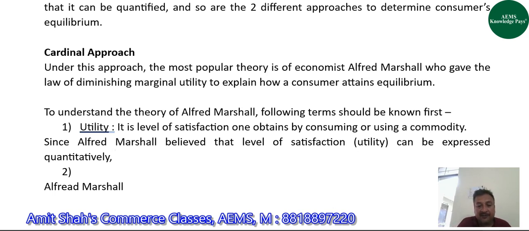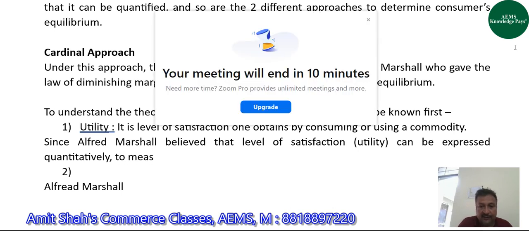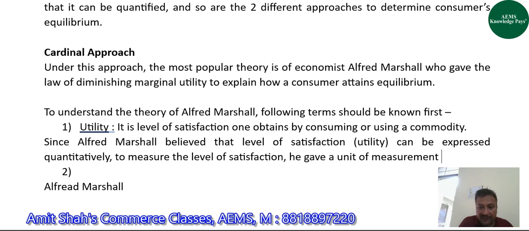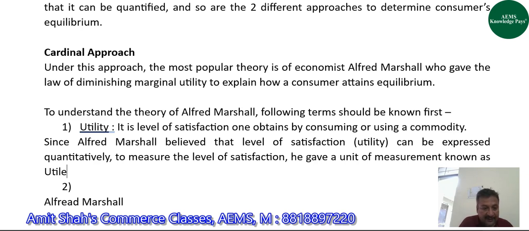So since Alfred Marshall believed that level of satisfaction can be expressed quantitatively, to measure the level of satisfaction he gave a unit of measurement known as utiles. Is it clear, guys, to all or not?